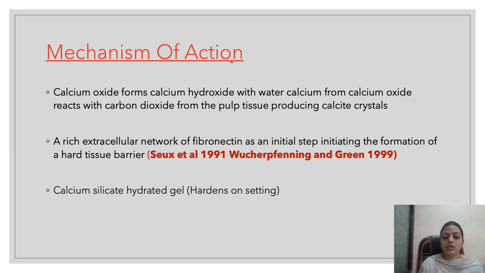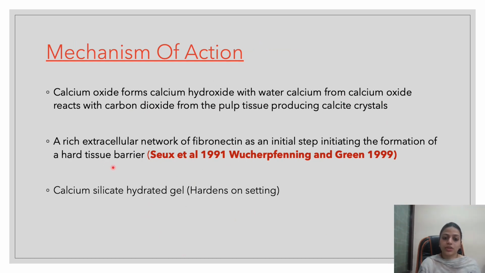The mechanism of action is that calcium oxide forms from the calcium hydroxide with water. Then the calcium from the calcium oxide reacts with carbon dioxide from the pulp tissue and produces calcite crystals. A rich extracellular network of fibronectin is formed as an initial step, initiating the formation of a hard tissue barrier.